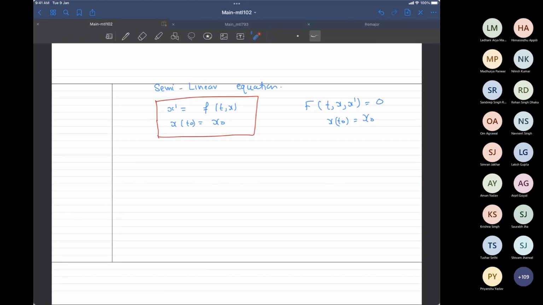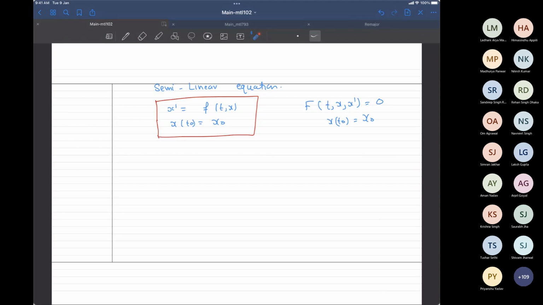So linear equations are one test case, but this is much more general. Here I'm allowing it to be an arbitrary function of x, so the analysis of this equation will cover the analysis of the other, but this is much more general.